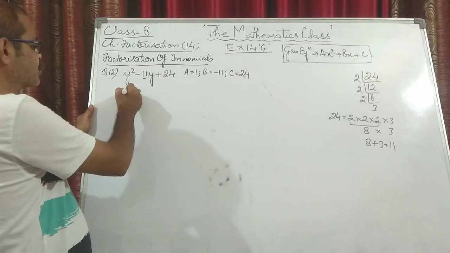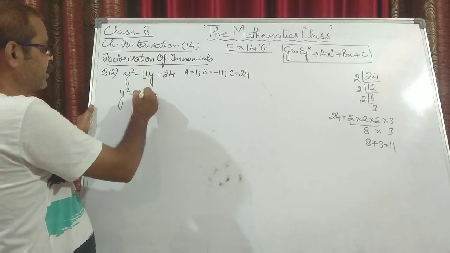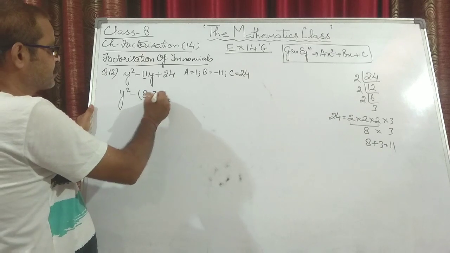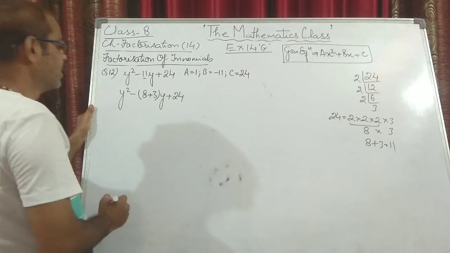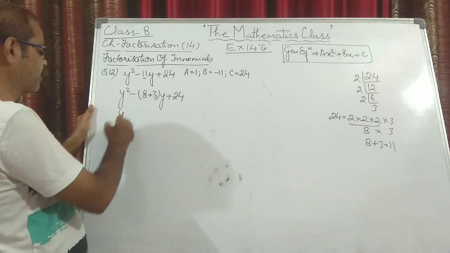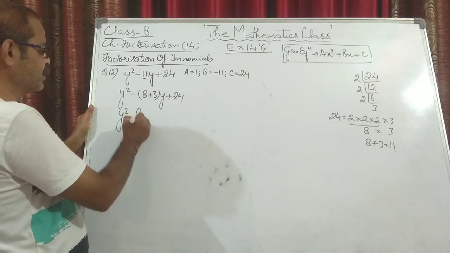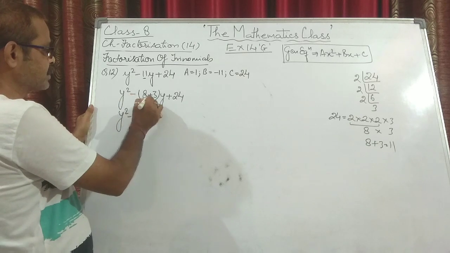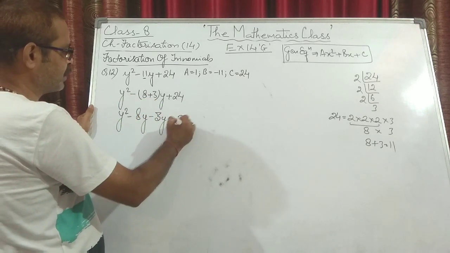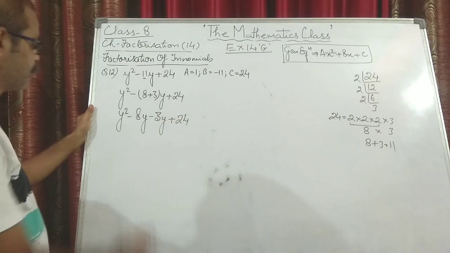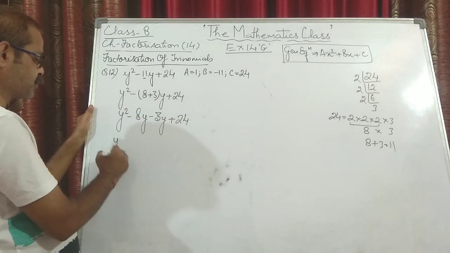So y square minus 11y plus 24 will be written as y square minus (8 plus 3) times y plus 24. Now we open the bracket: y square minus 8y minus 3y plus 24. From this we can take y common.